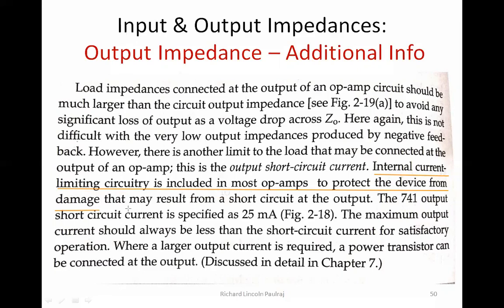Immediately the stabilizer will have a fuse inside, and this fuse will be blown off, and due to that, the short circuit at the output is nullified. Stabilizers play a very important role in damage control at the output side.